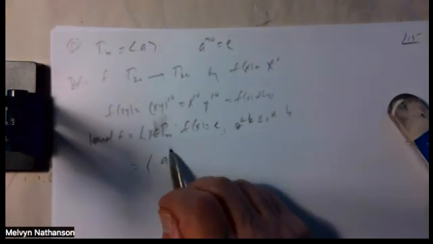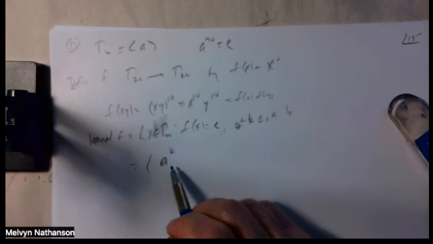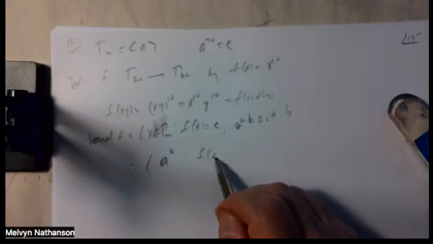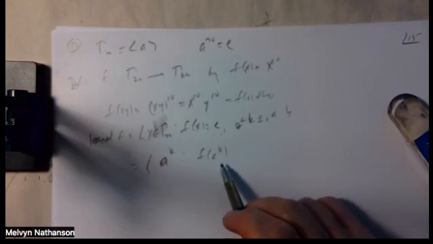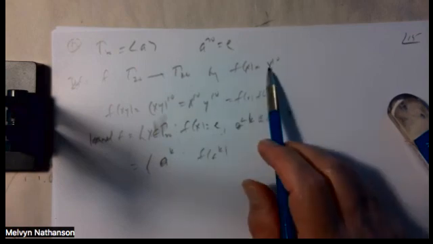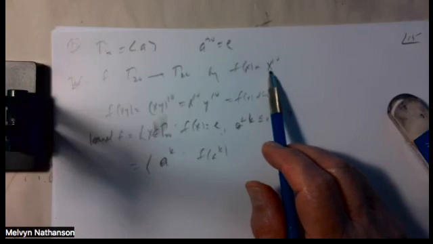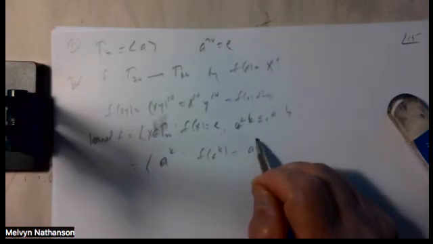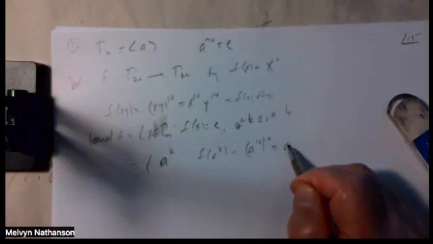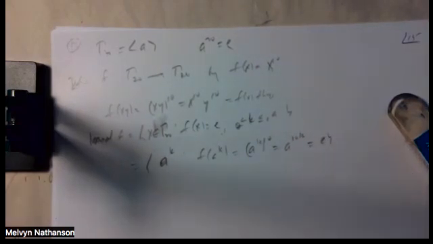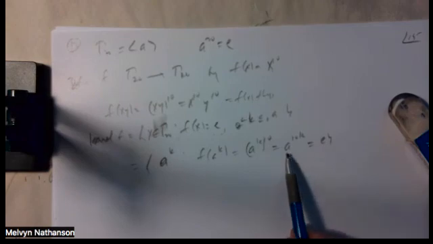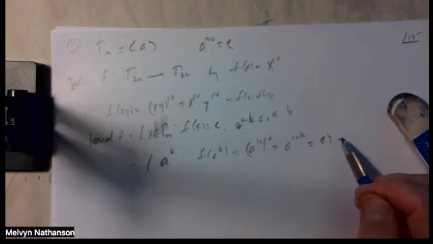That means this is all powers a to the k, where f of a to the k is the identity. What is f of a to the k? Raise it to the 10th power. That's a to the 10k equals the identity. What powers of a equal the identity?